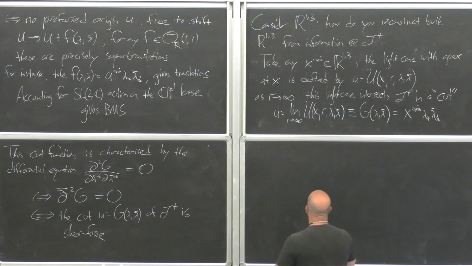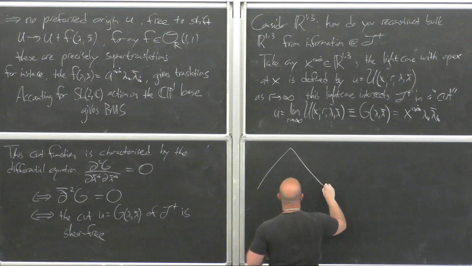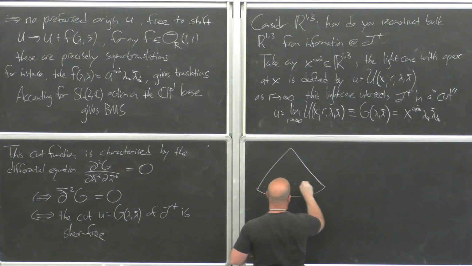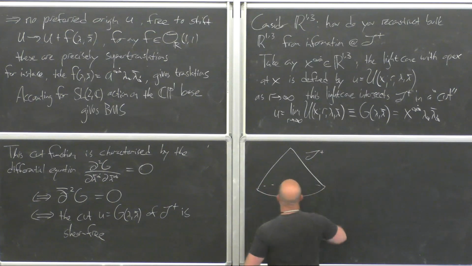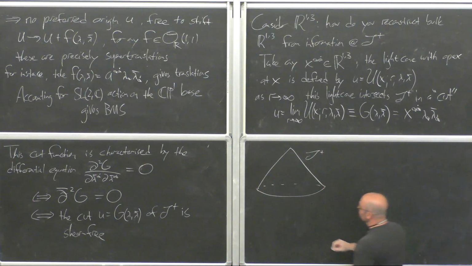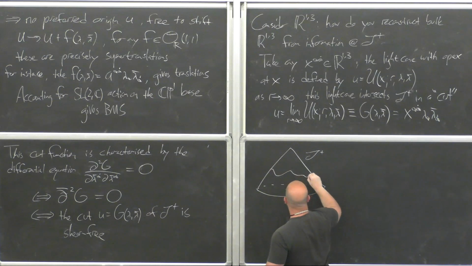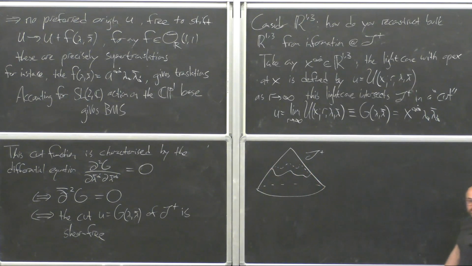So here we are on scri plus, and I can consider generic cuts of scri plus, and then I can ask which of these cuts come from light cones that focus back to a point in Minkowski space, and the answer is kind of only these round ones, right?